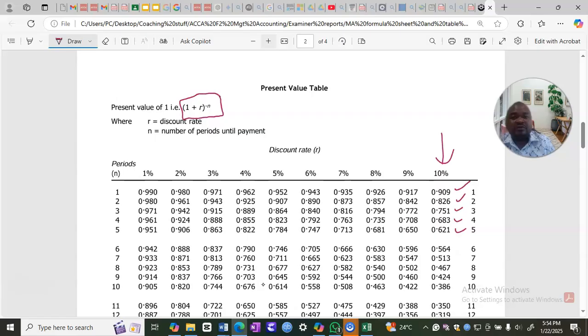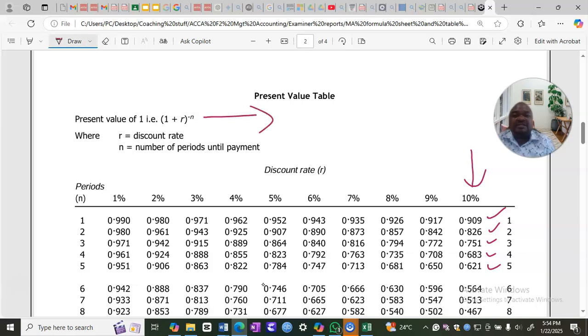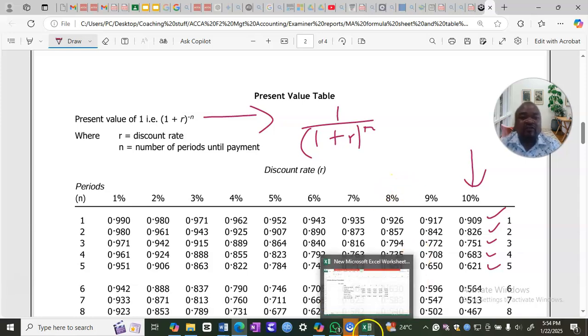Let me show you guys. This one is the same as 1 over (1 plus r) to the power n. Okay, so that's the issue. All right. So you may decide to put it as that one or as the original formula. Everything will work for you.